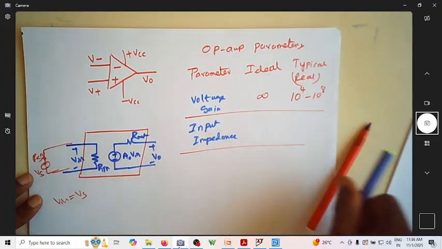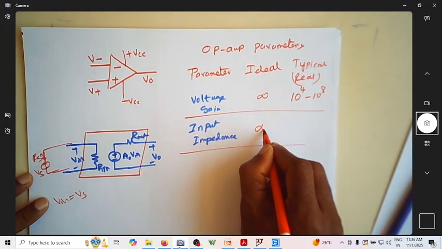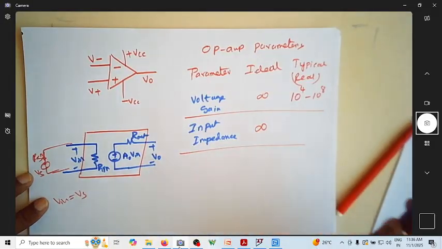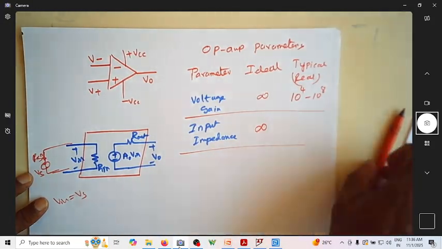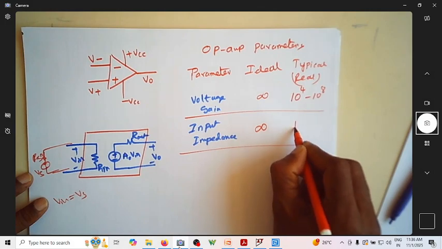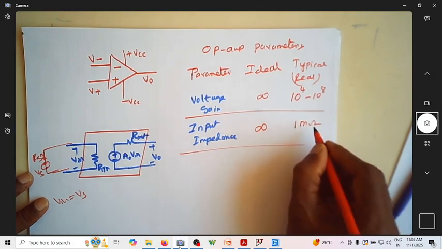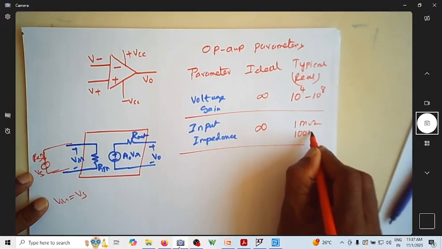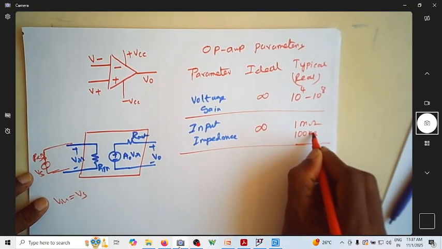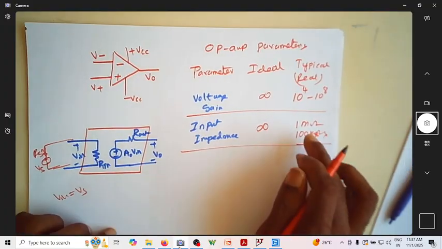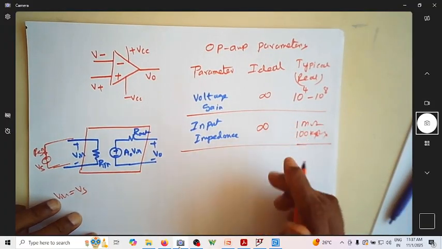So input impedance has to be infinite in an ideal case. Typically it is from a few mega ohms to a few hundreds of kilo ohms, so this should be large.